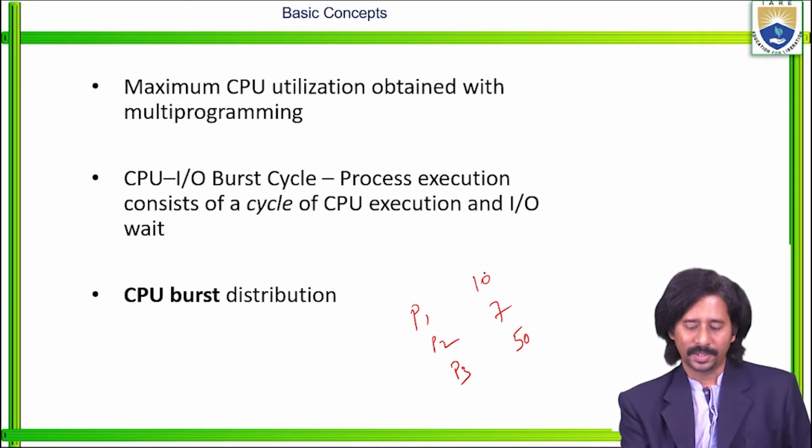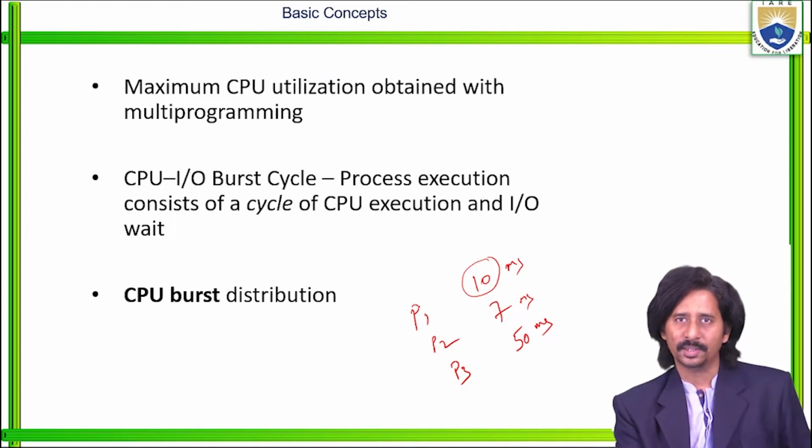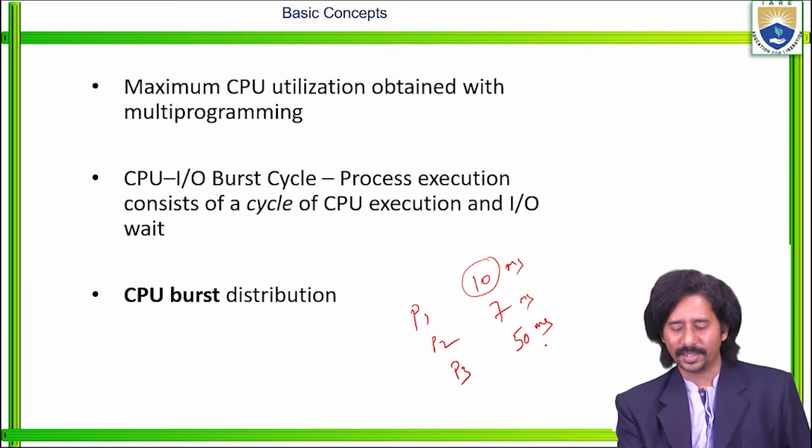We can call it the total time taken to execute that process. These are always in milliseconds, right? Process P1, the total execution time is 10 milliseconds. Similarly, for process P2, 7 milliseconds. Process P3, 50 milliseconds. Right?